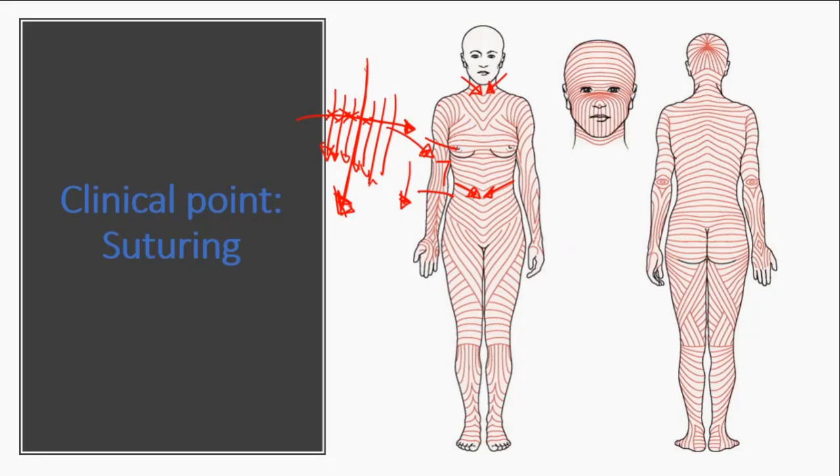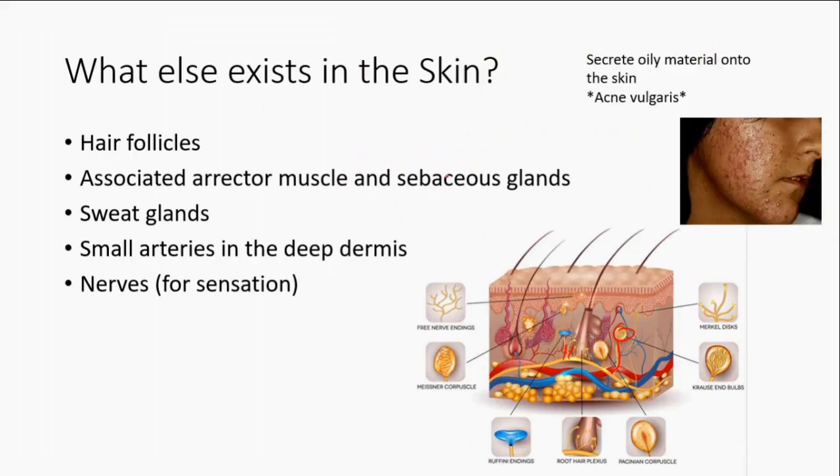These lines are called tension lines, and a tension line is essentially the direction that your collagen is arranged in your dermis. Traveling might be a bit of a misleading word because your collagen doesn't move, but I mean the direction they're arranged in. So you can try to remember that point, and you could probably impress a professional.